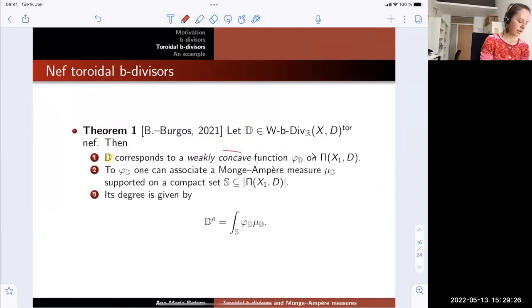So weakly concave. We are now talking about these conical polyhedral spaces, which are polyhedral complexes with balancing condition. You have a notion of concavity on a convex set, but in principle, you don't know what a good notion of concavity is on such a polyhedral space.